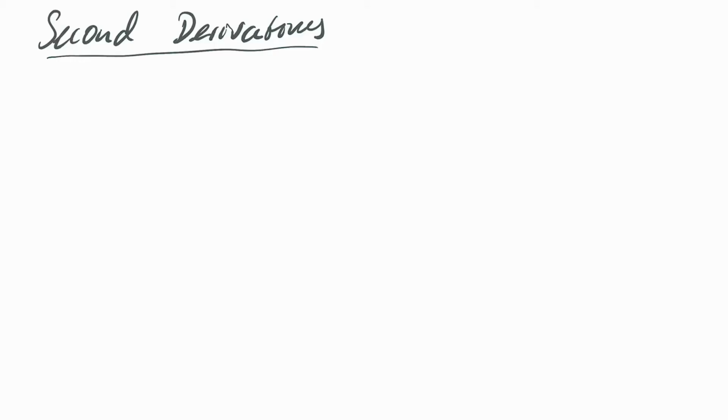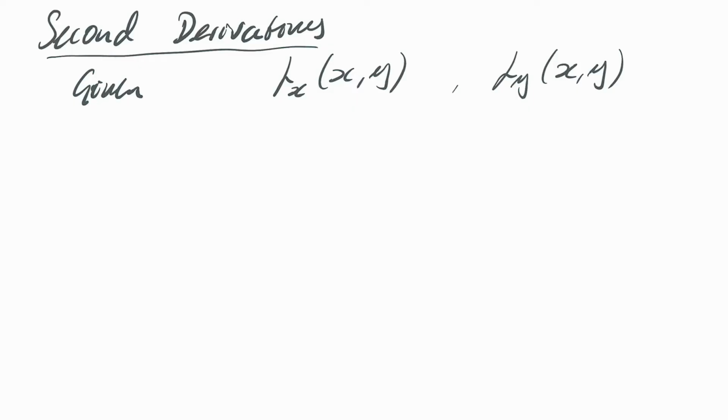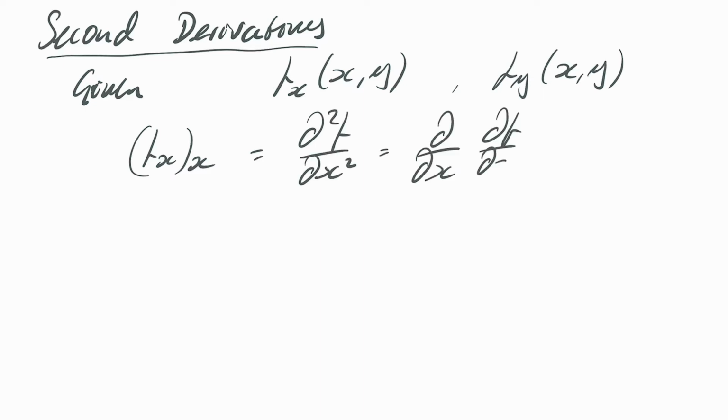So these now give me independent functions of x and y, and you can think of those as new functions of two variables. We can also form second derivatives and higher derivatives in the same way as we do for single variable calculus. We just differentiate the function again. So given first derivatives, fx and fy of the function f of x and y, I can form a bunch of new partial derivatives. I can take the derivative of the x one in the x direction, giving me the second derivative with respect to x, d by dx as an operator.